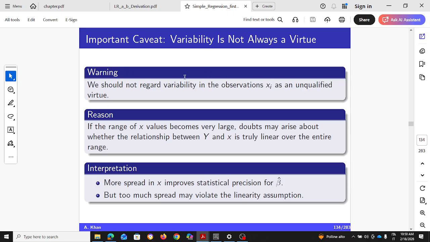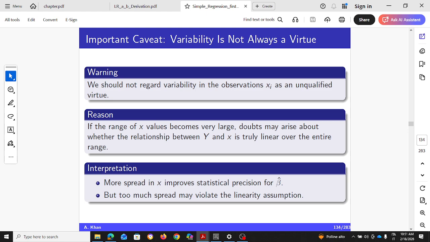Here we should not take just the variability as the only thing by which we regard xi as a consequence for our variability. For example, if the range of x becomes very large, if we have more horizontal dispersion of our data, we can have some doubts about the linear relation between x and y for this entire range.